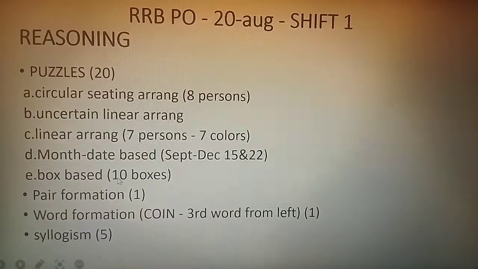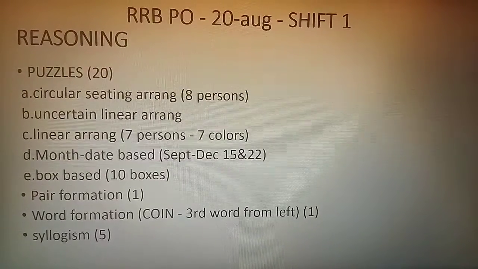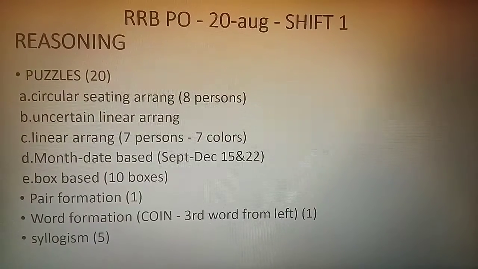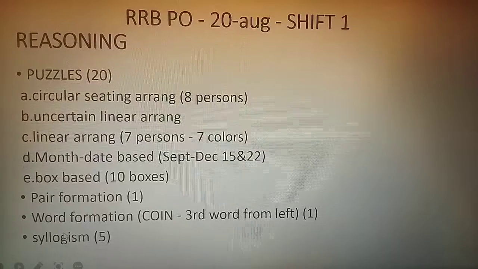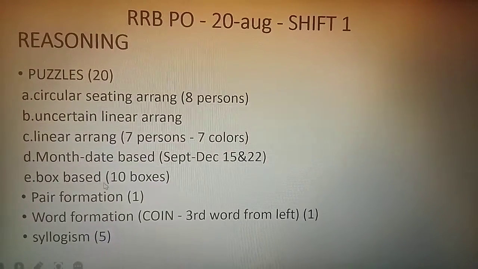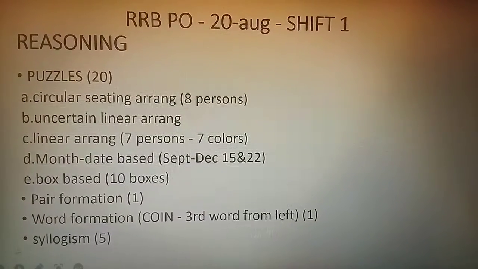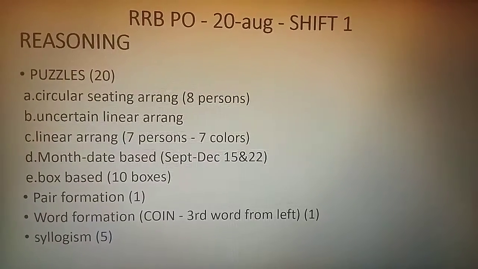The question framing was like this: there are 4 boxes between I and H, 2 boxes between G and J, 2 boxes between B and F, something like that. So it took some time to solve, but eventually if you solve it, the 5 questions asked for this data were easy, direct questions.